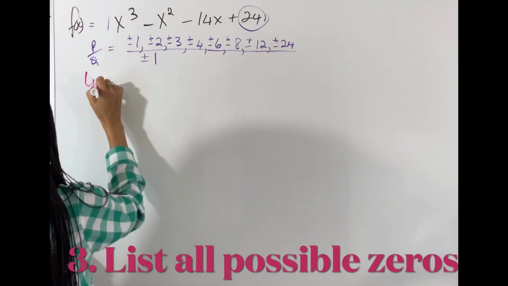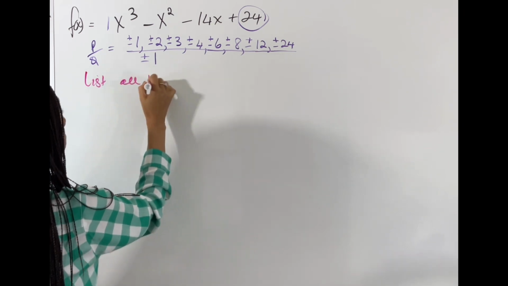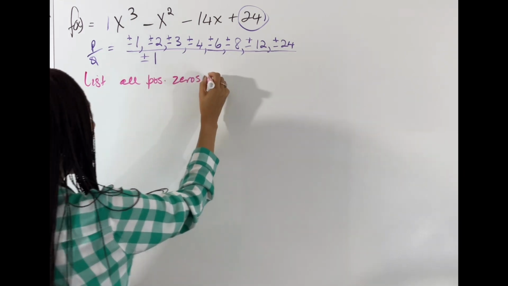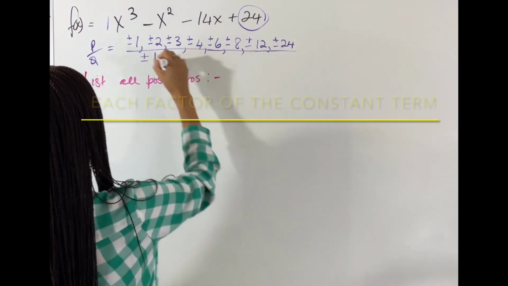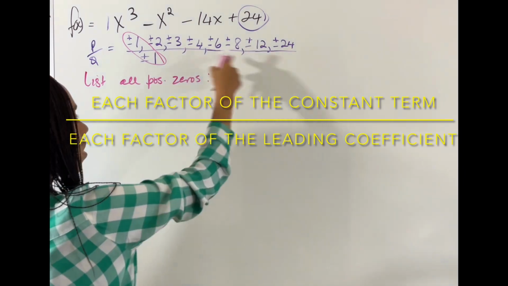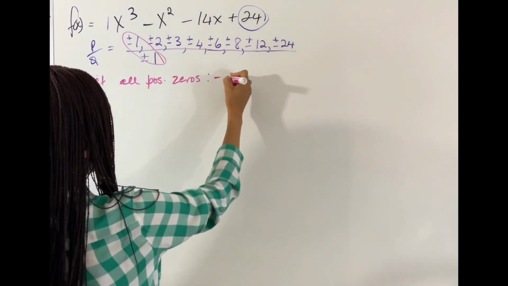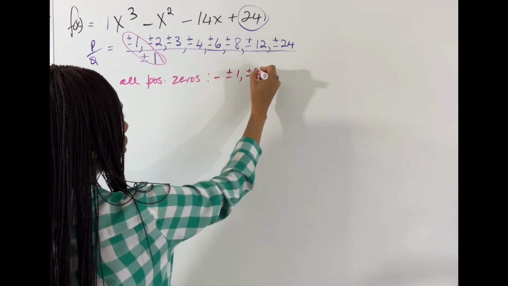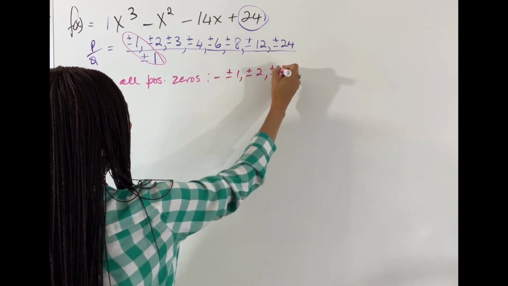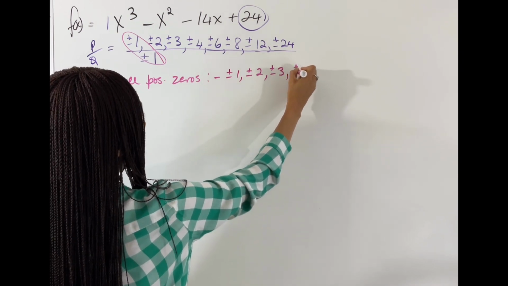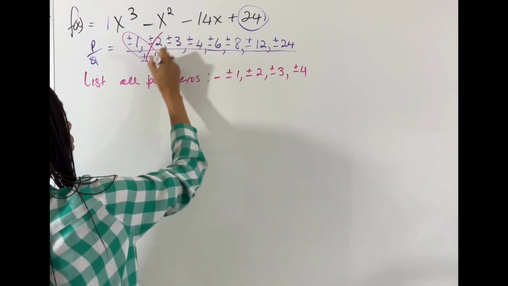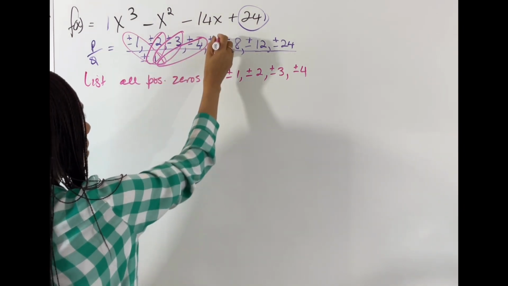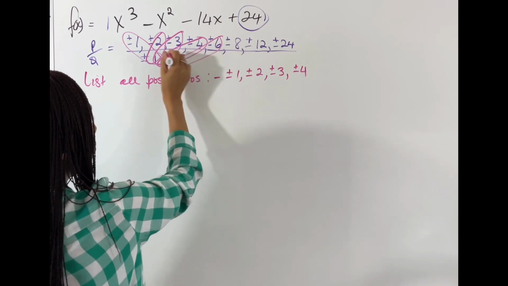List all possible zeros, and they are simply, all these numbers are going to go over 1, so it's simply plus or minus 1, plus or minus 2, plus or minus 3, plus or minus 4, because we have to do all of these over what number we have here, which is going to be 1.